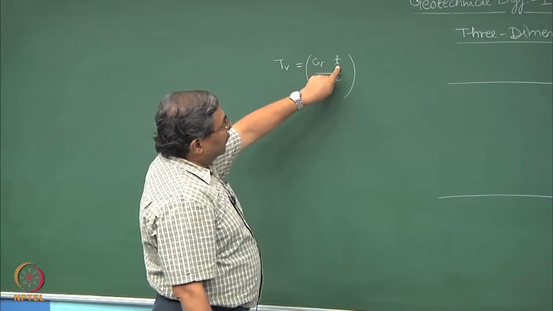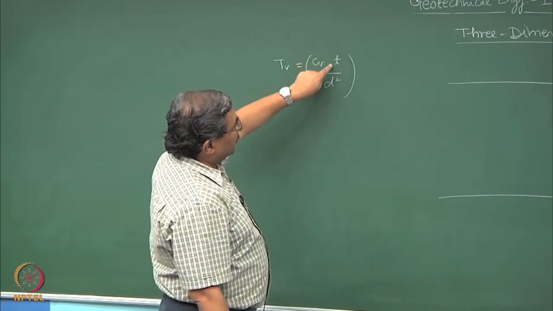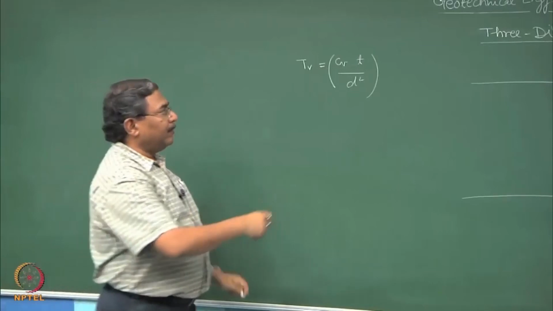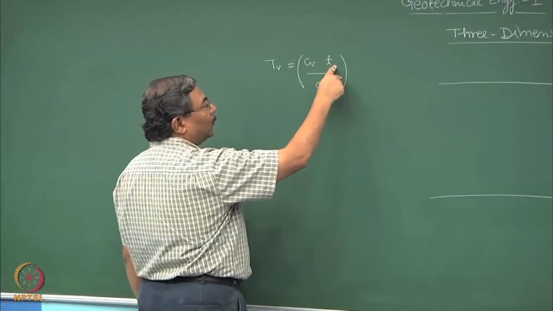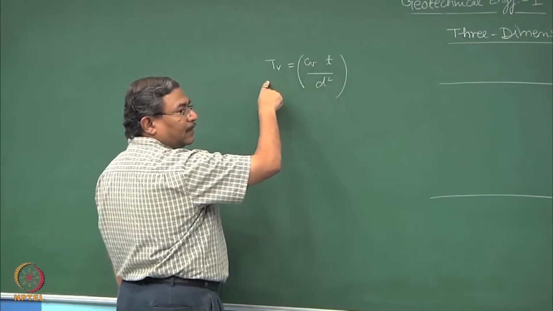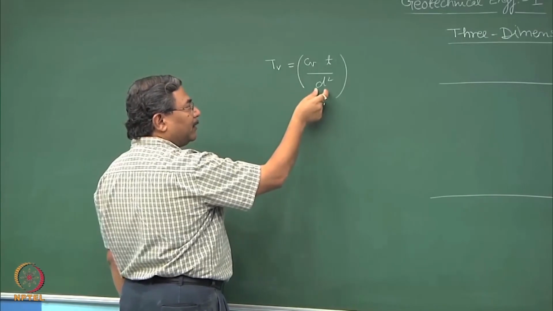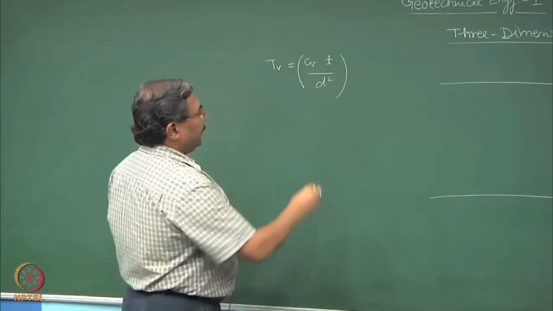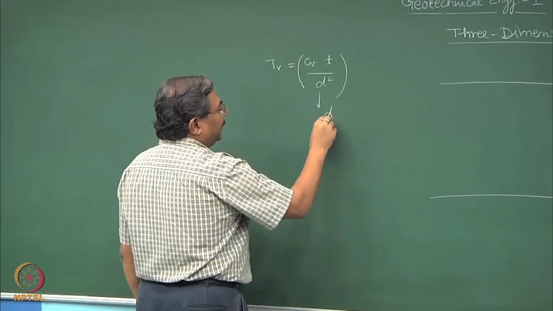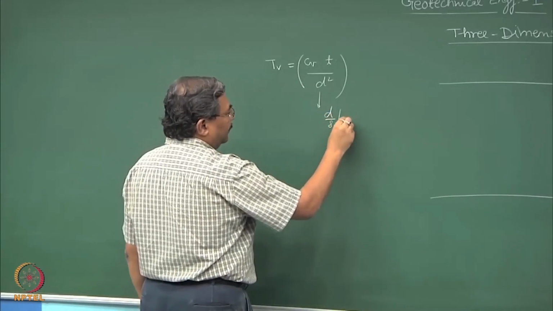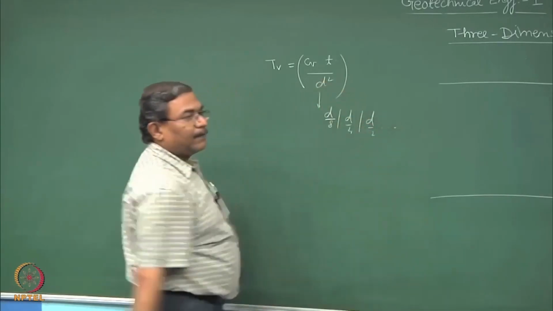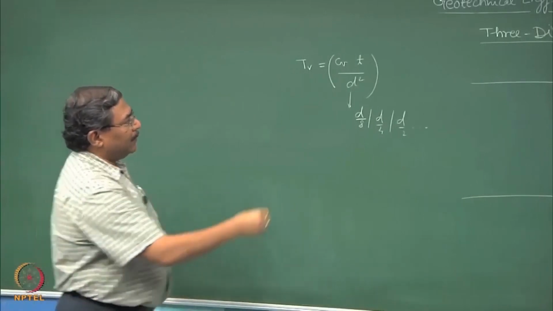For attaining a certain value of consolidation, I require a certain amount of time. Now, if I reverse the problem, that within a certain amount of time, if I want to achieve the same degree of consolidation, what I should be doing? I should be playing with the d parameter. So, if I decrease the value of d to, let us say, d by 8 or d by 4 or d by 2, whatever, what is going to happen?